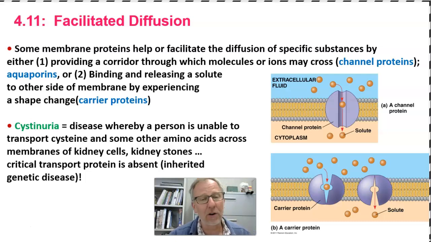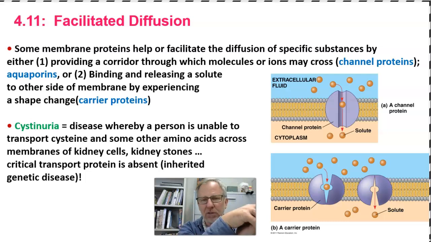But then there's also carrier proteins. And how do they work? What do they carry? They're carrying molecules that cannot cross the phospholipid bilayer. And so on the side of the membrane where the molecules are more highly concentrated, they're bumping into these carrier proteins and sticking to them.